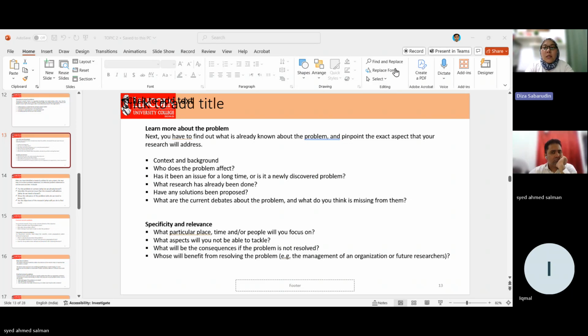Number three is articulation of the problem. The core problem centers on the uncertainty regarding the extent to which social media usage influences academic performance among students in Malaysian private universities.